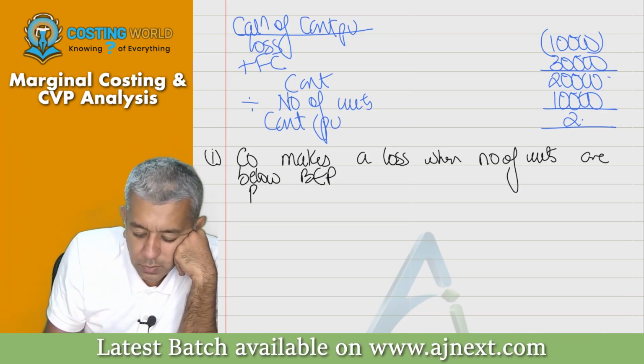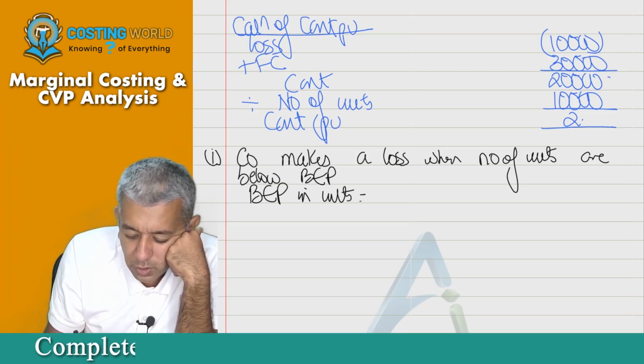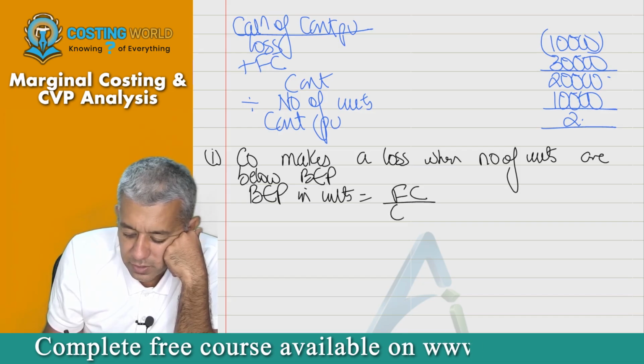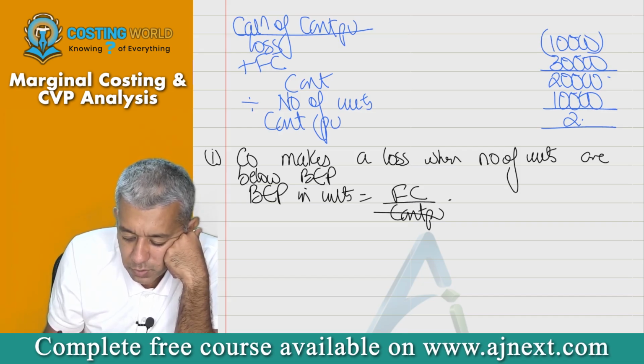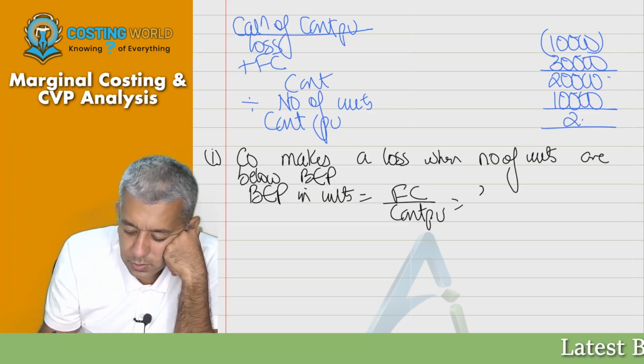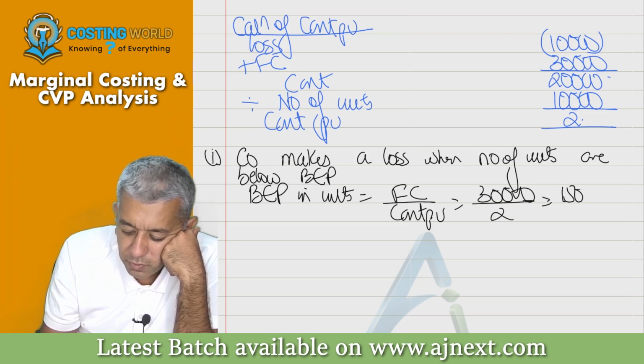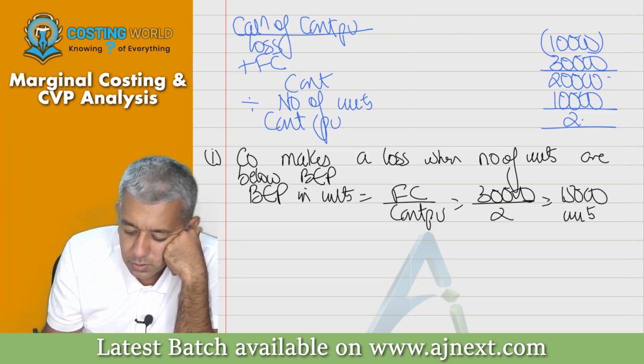So, BEP in units is equal to fixed cost divided by contribution per unit, is equal to 30,000 divided by 2, 15,000 units.